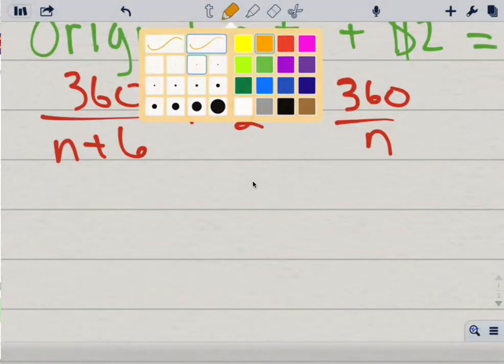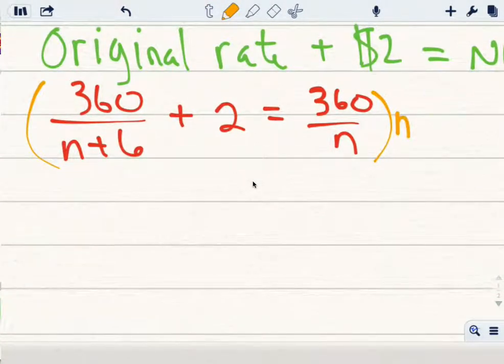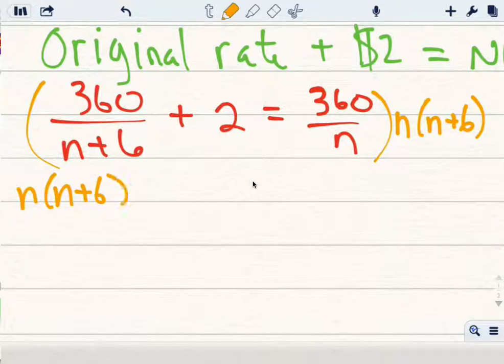All right, so the least common denominator is n times n plus 6. So I get n times n plus 6 on each term.